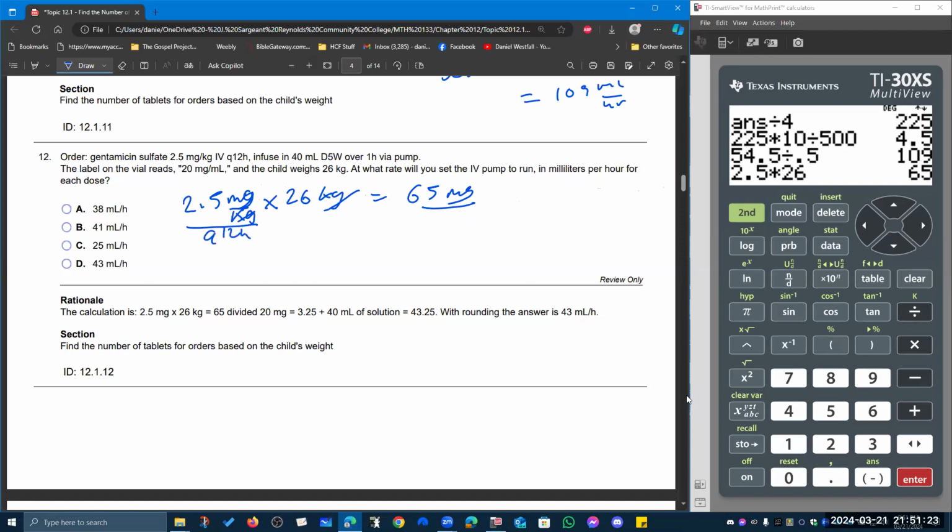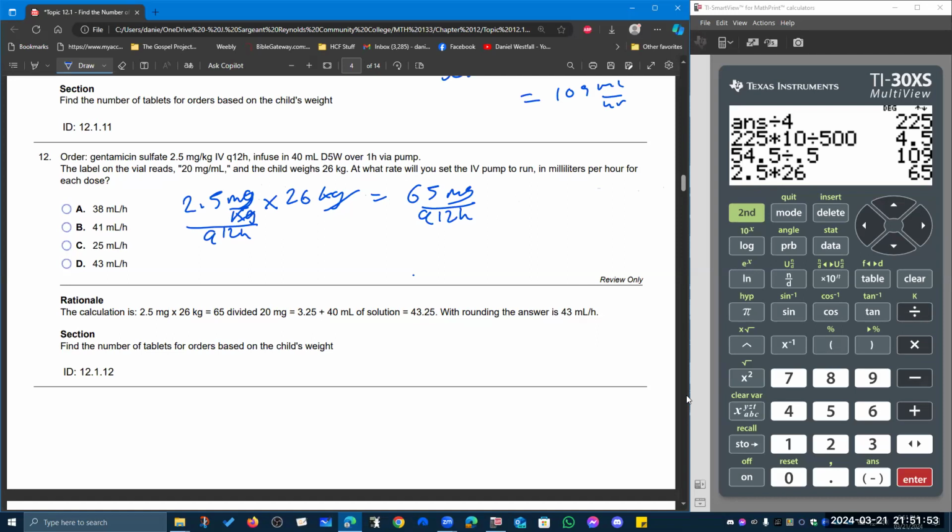Q12H. All right. And then going to be giving that in 40 milliliters of D5W over 1 hour via pump.